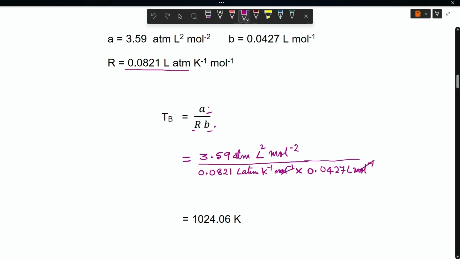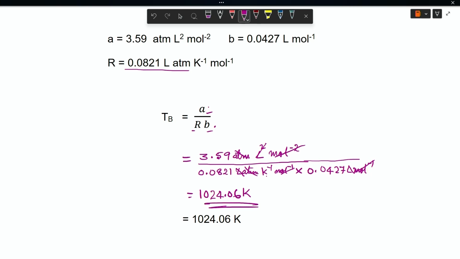The mole raised to minus 2 gets cancelled. Then liter square and liter get cancelled, and atmosphere and atmosphere get cancelled. Kelvin raised to minus 1 becomes Kelvin in the numerator, and on solving you get 1024.06 Kelvin, and that is the answer for TB. So, these are the assignments.